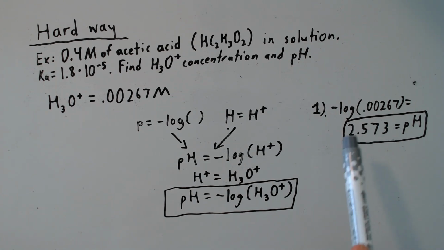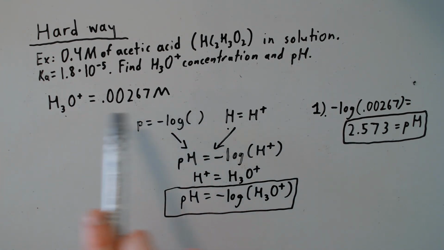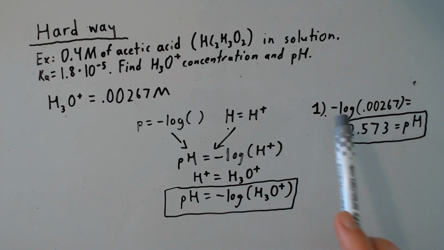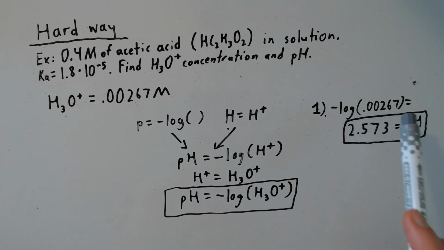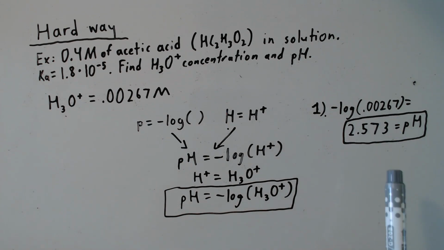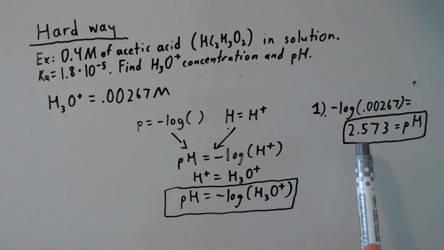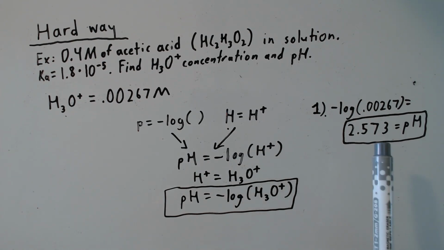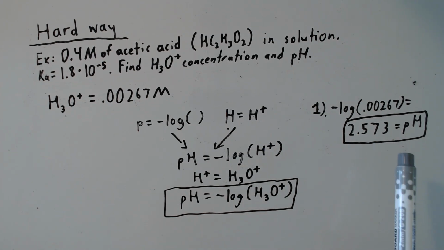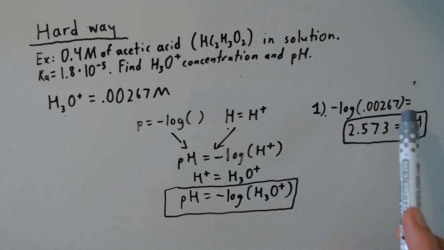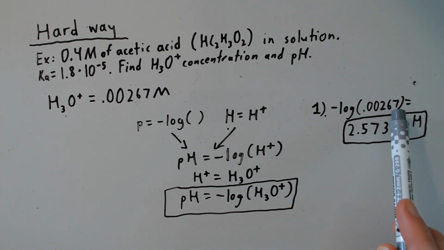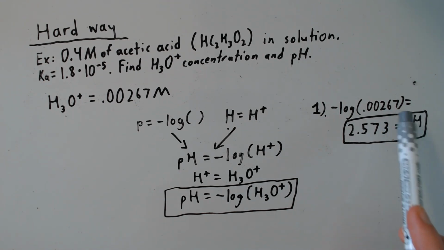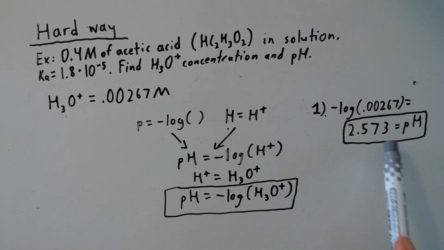So, we just simply plug in this concentration of the H3O+ into the negative log formula, so negative log of 0.00267 right here, and we get a pH of 2.573. Now for significant figures of the pH, the rule goes that the number of significant figures in the concentration is the same number of decimal places in the pH.